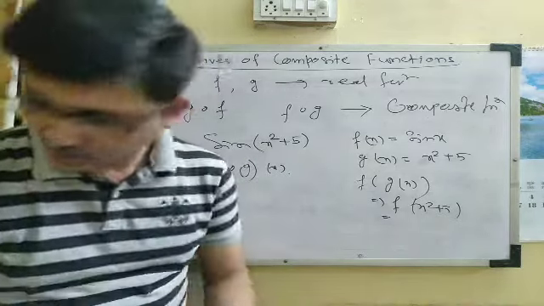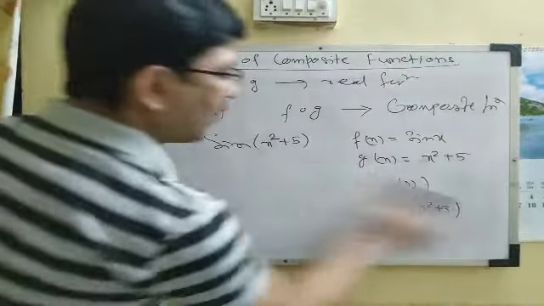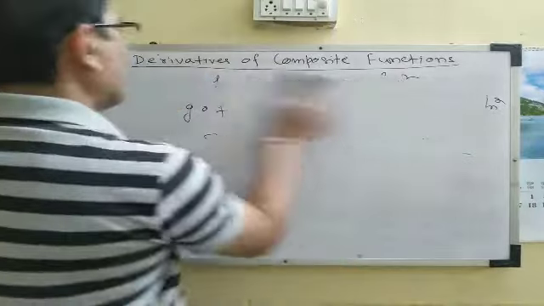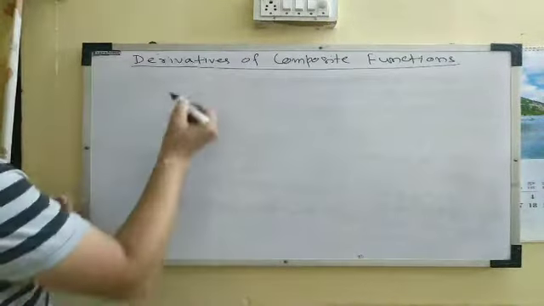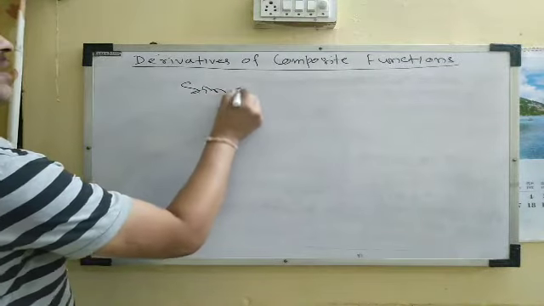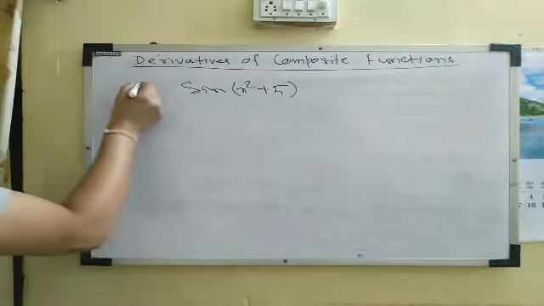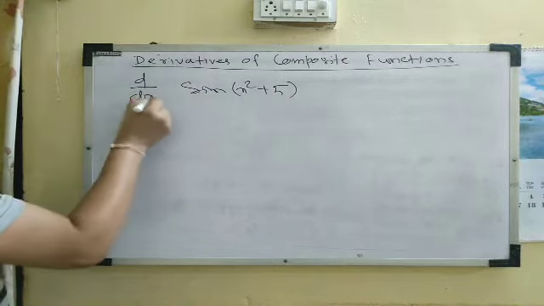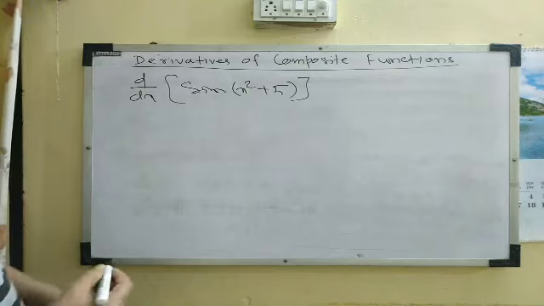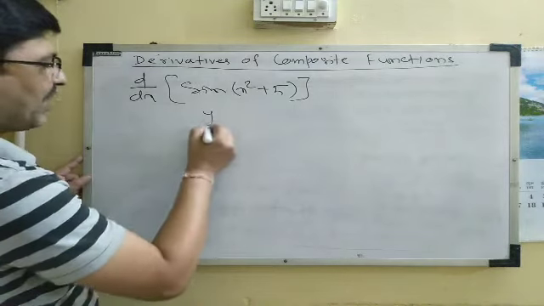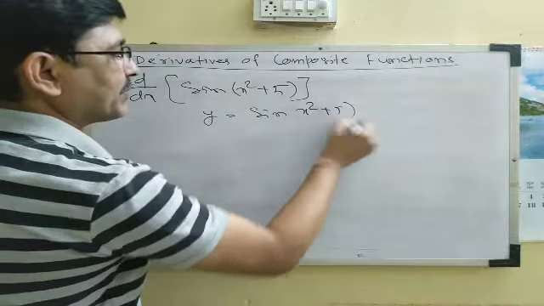Okay, so let us come to the derivative of a composite function. How can we find the derivative of a composite function? Let us consider the same function, sine of x square plus 5. Our aim is to find the derivative of this function. Assume that y is equal to sine of x square plus 5.